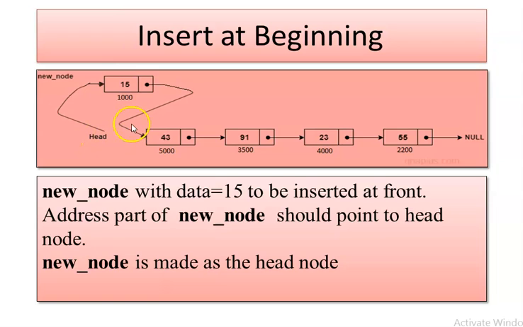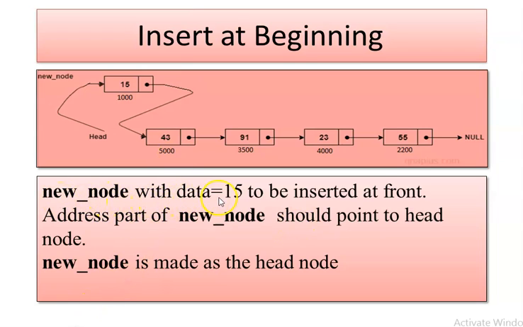What happened here? The value of head, which was 5000, is being assigned to the next pointing location in the new node, and the address of this new node, which happens to be 1000 for example, is being assigned to head. By this process, we have added a new node to the already existing list.